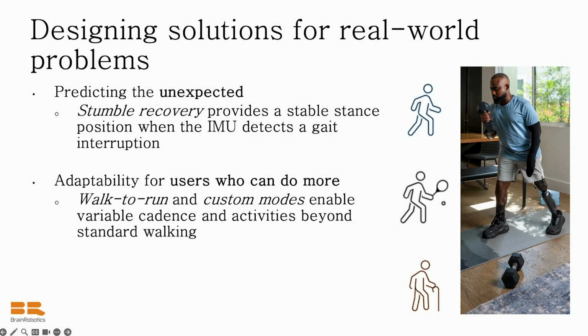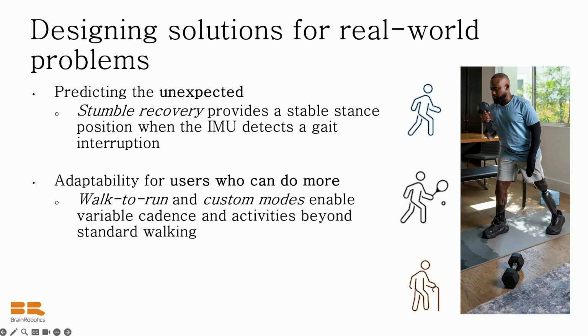For higher mobility users, the design challenge shifts from stability to adaptability. The walk-to-run feature, for example, enables smooth cadence transitions so that a user moving from a slow walk to a faster walk or even a run can be confident that the knee will keep up with them as they increase their speed.